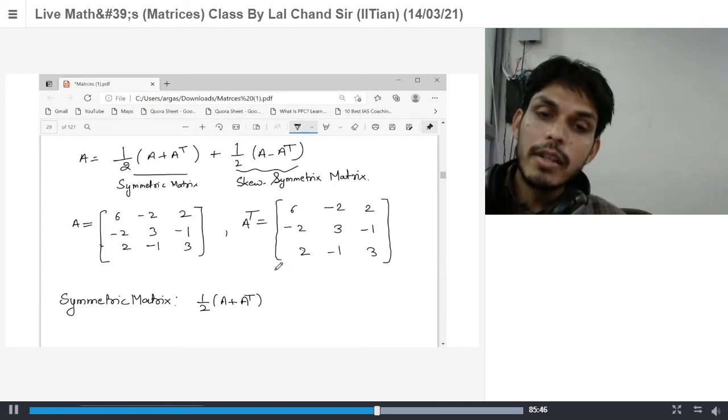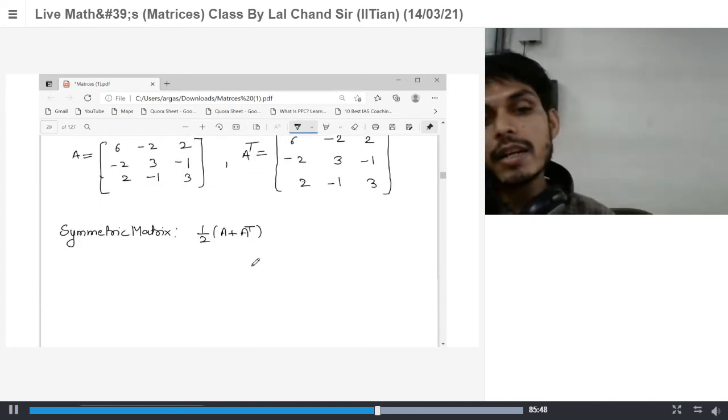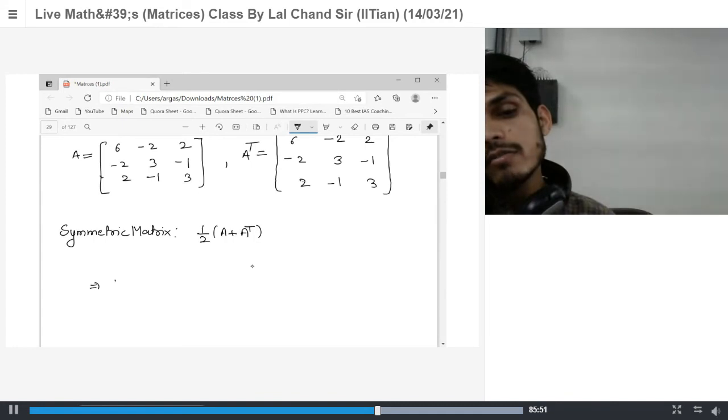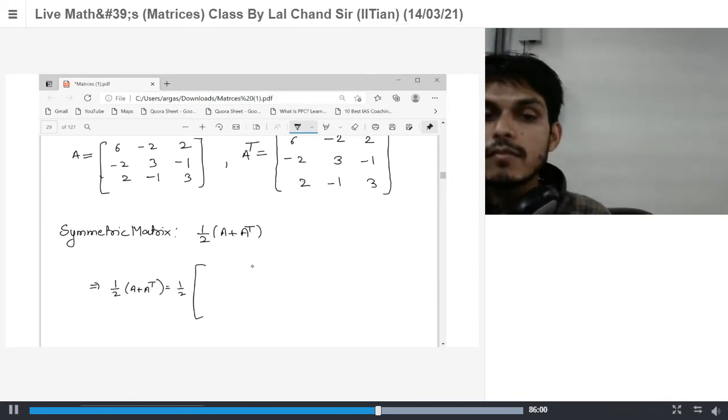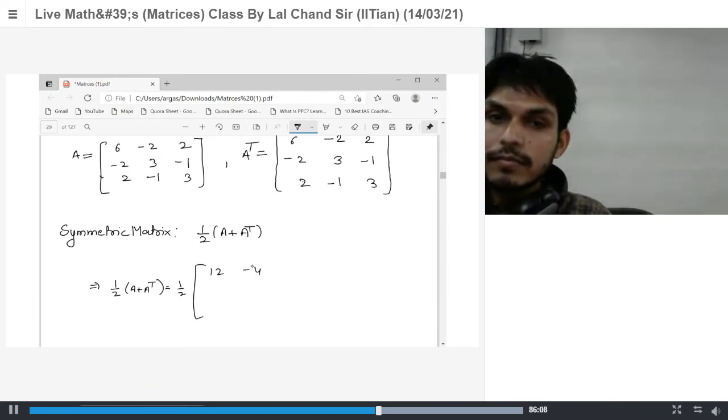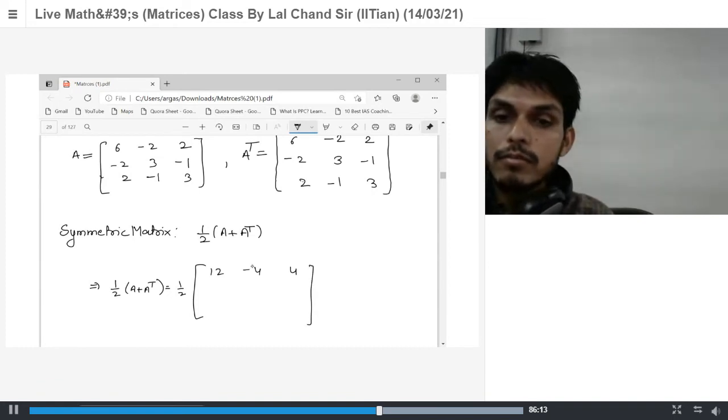So if I take the sum of these two matrices and then take half, so 1 by 2 of: 6 plus 6, 12, minus 4, then plus 4, minus 4, 6, minus 2.